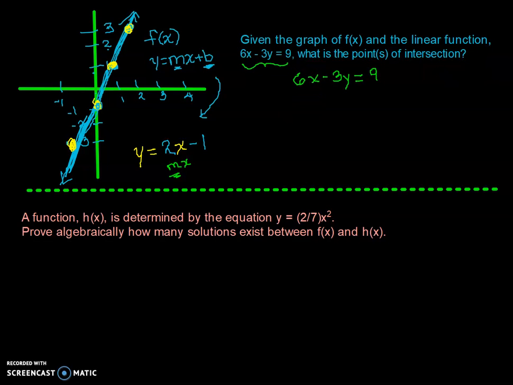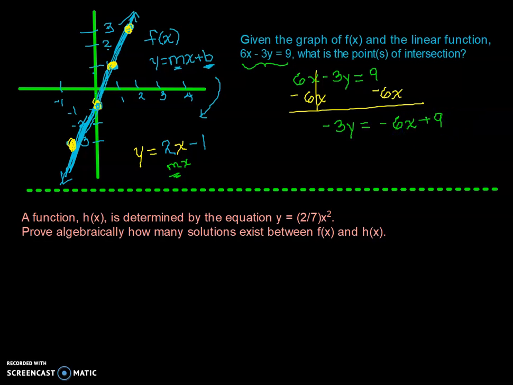So from here, I'm going to subtract 6x from both sides, and I'll get -3y equals, these two are not like terms, so I'm going to bring them down. One has an x, one does not. So you can't add or subtract terms that aren't like terms.